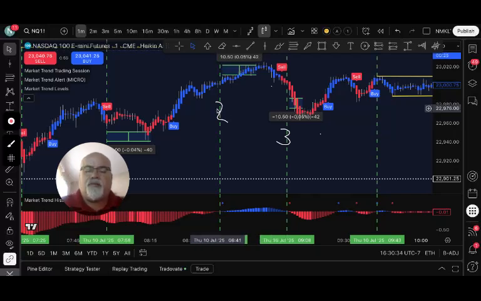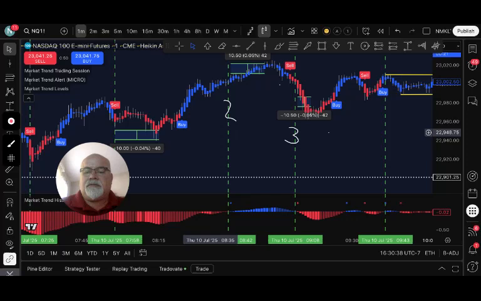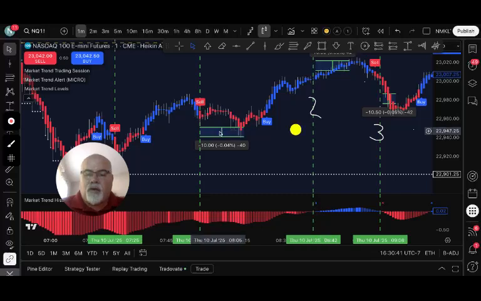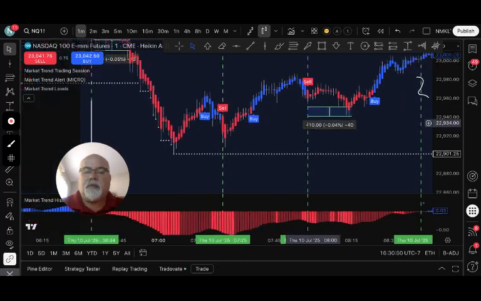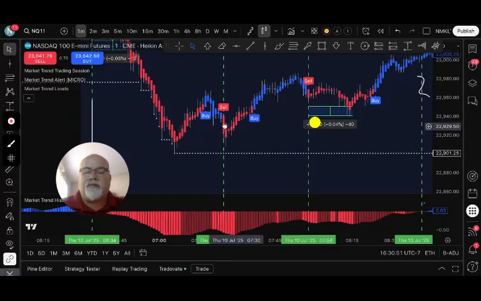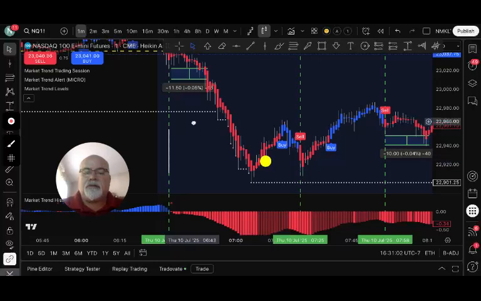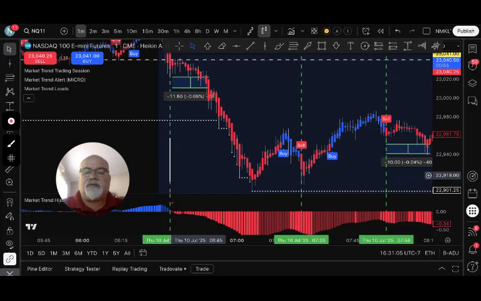Those are all 3 winners. 4, that's a winner as well. Trade number 5, this is a loss. Okay, so 4 winners, 1 loss equals 5. And trade number 6 at the open this morning clearly was a winner as well.